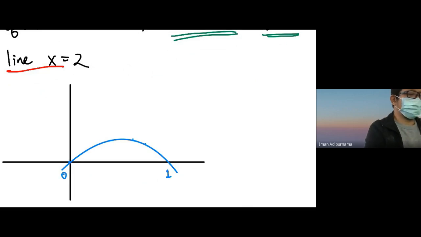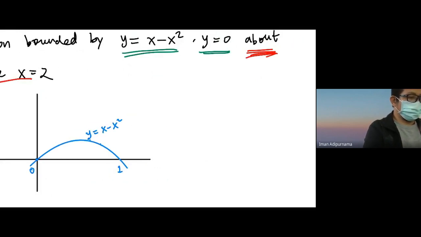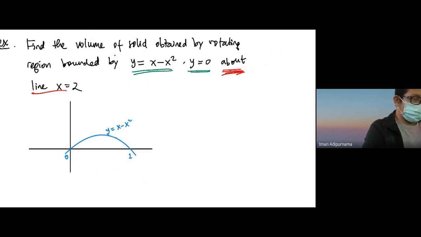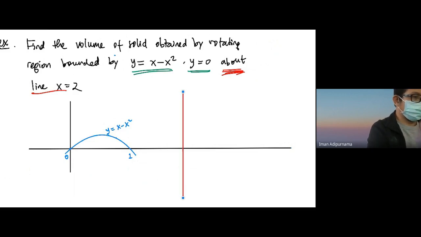0 and 1 are the roots of x minus x squared. And here we have the line x equals 2.